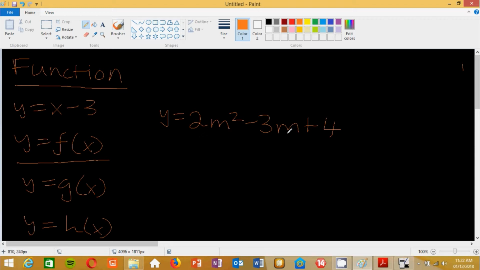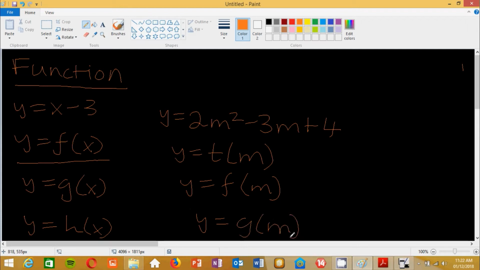Then we take that m again, multiply it by negative 3, and then add 4. So it's telling us how to deal with m, and we're going from m to y. So this y here is a function of m. Remember, the letter is completely our choice, any letter that we want to use. So that's what a function is.